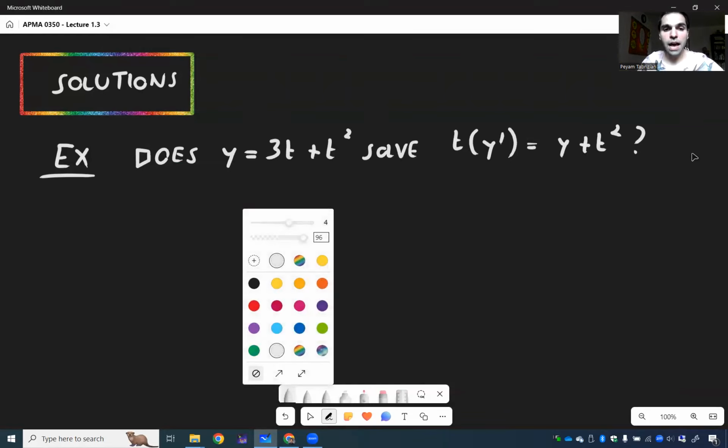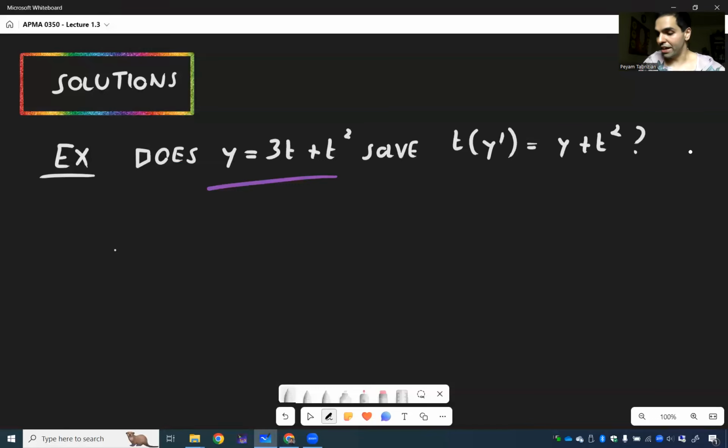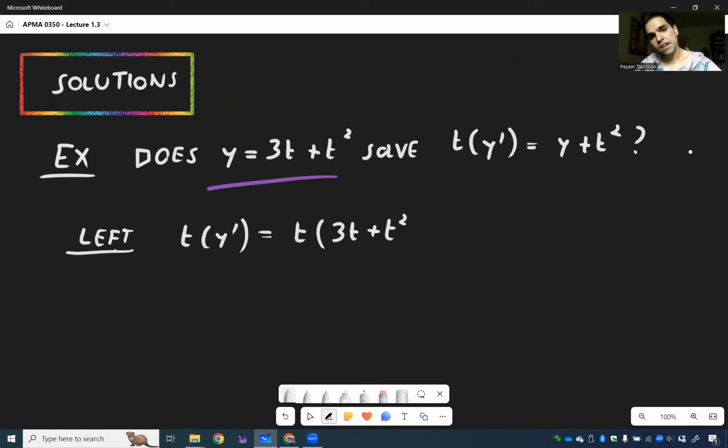Well, let's see what happens when you plug in 3t plus t squared, both on the left-hand side and the right-hand side. So on the left, if you do t times y prime, that becomes t times (3t plus t squared) prime, and that becomes t times (3 plus 2t), and that is 3t plus 2t squared.